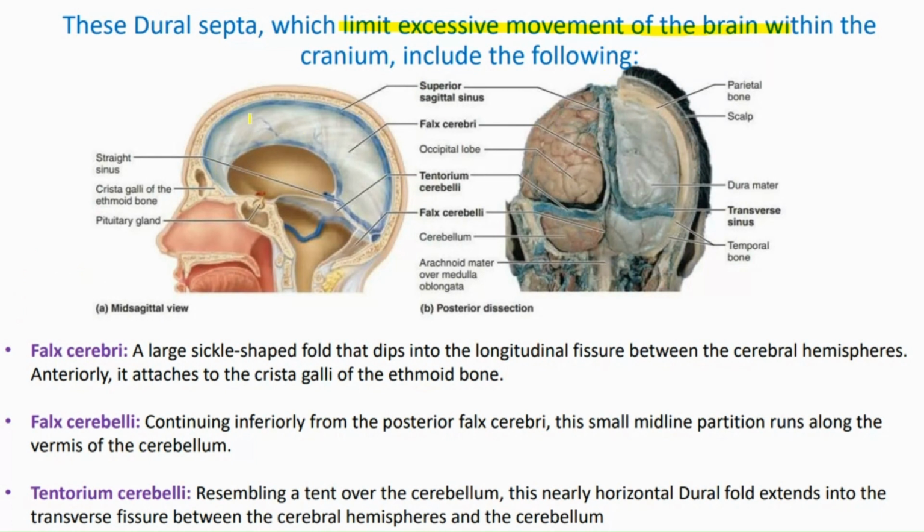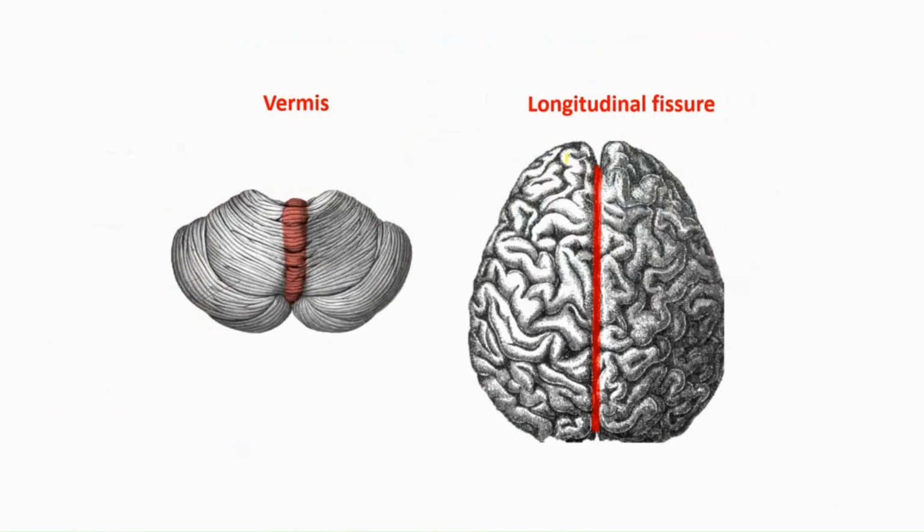This is the falx cerebri. You can see here the brain. It has two cerebral hemispheres, and in the middle we have a fissure called the longitudinal fissure. So here is exactly where the falx cerebri lies.